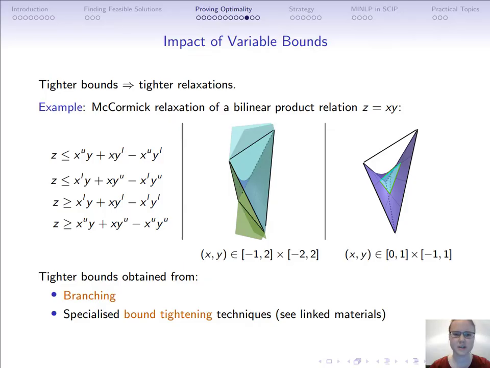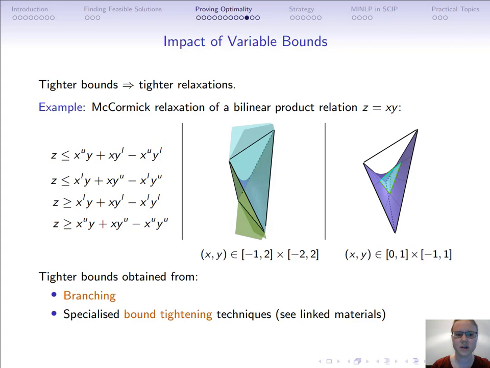When constructing relaxations, we want them to be as close to the original set as possible, because we want the lower bound that we obtain from them to be as close to the actual global optimum as possible. An important observation here is that a lot of relaxations depend strongly on variable bounds, and tighter bounds imply tighter relaxations. An example of this is the McCormick relaxation of a bilinear product relation, which is given by z equals x times y.